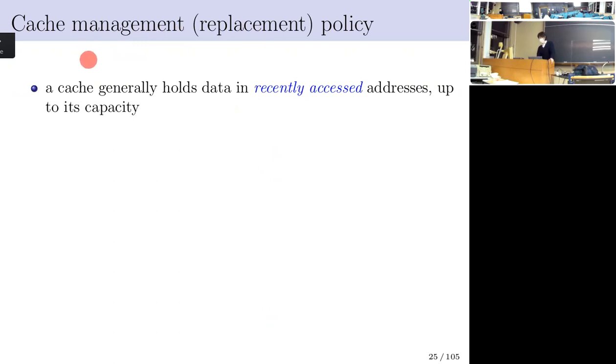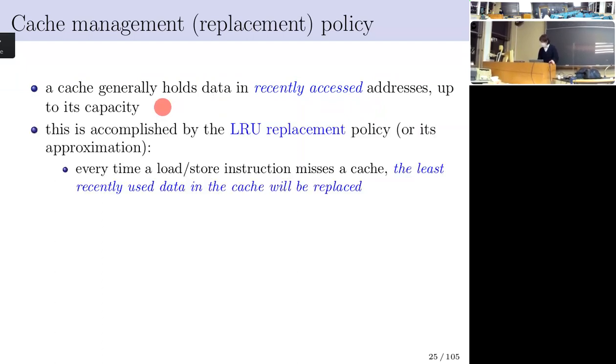A cache generally holds data in recently accessed addresses, up to its capacity. And this is accomplished by something called the LRU replacement policy. LRU stands for least recently used. So it's the least recently used replacement policy, or its approximation. It's not exactly LRU, but more like an approximation of it.